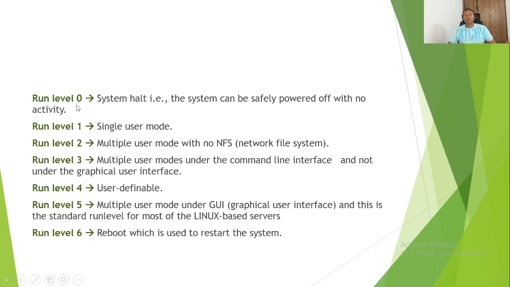If someone wants their server to be shut down every time, so that no one can turn on the server, you can mention run level 0 in the default init tab file. Whenever the server reboots, it will check the inittab file to see which run level is available. If it gets run level 0 there, it will simply shut down or power off the server.